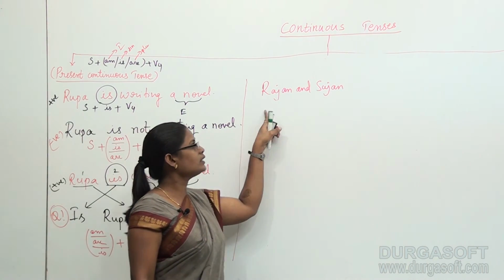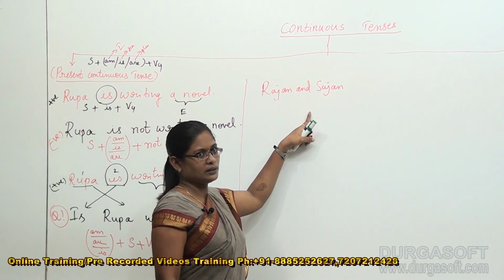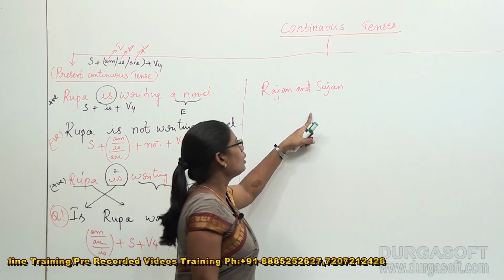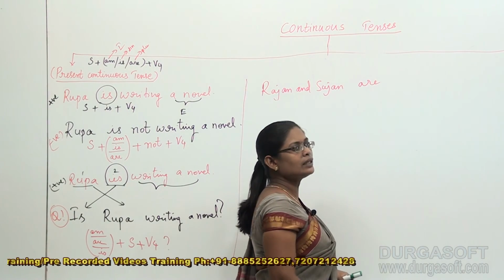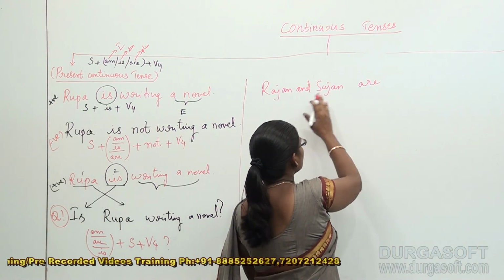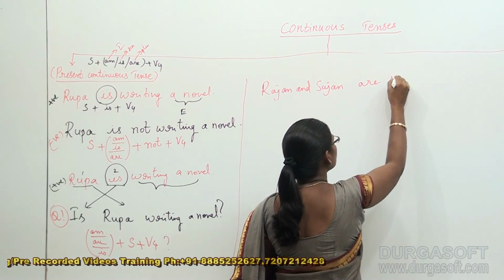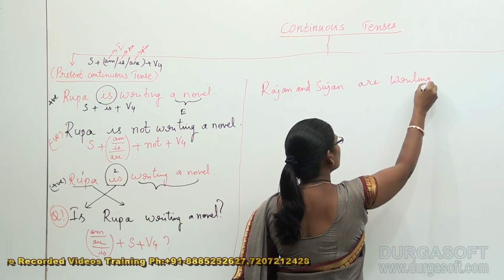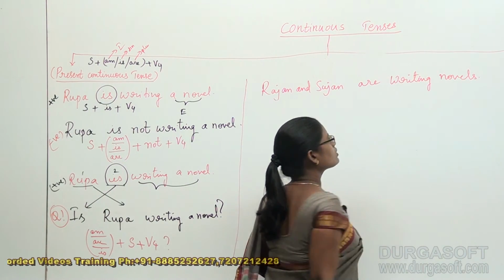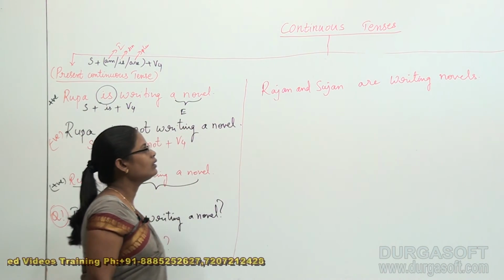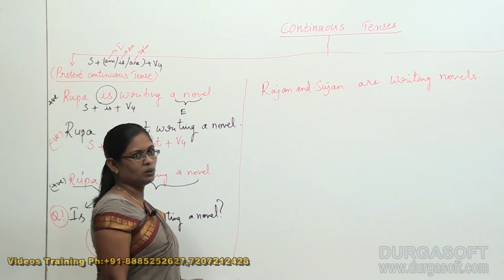And here Rajan and Sujan is a plural subject. So obviously we should go for are, because we are dealing with continuous tenses. Rajan and Sujan are writing novels.